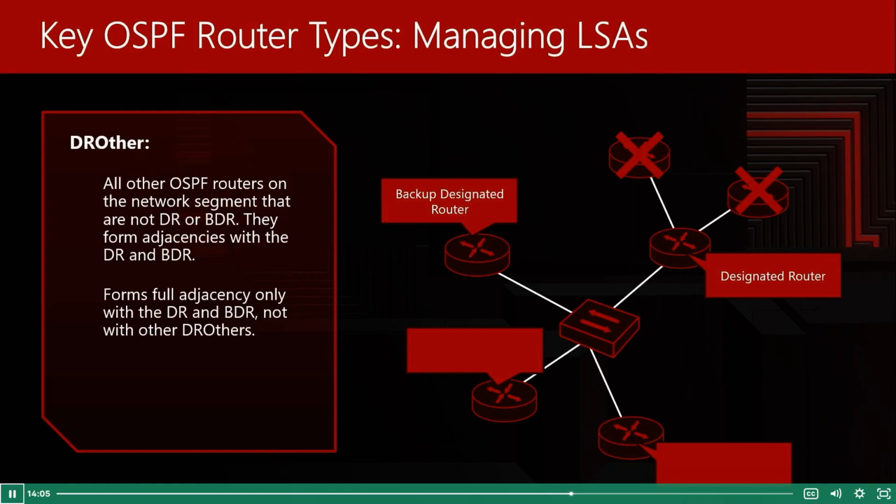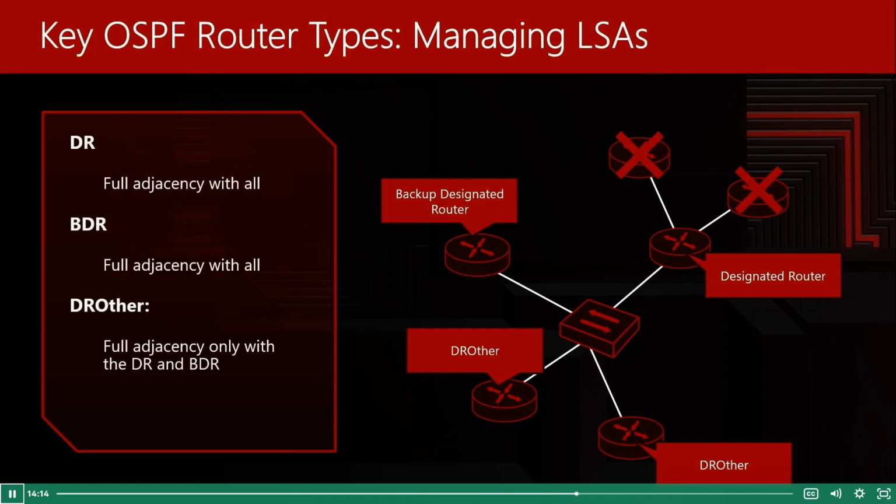And yes, like we mentioned before, the others are just going to be the remaining routers on that broadcast network. All routers will create full adjacency with the designated router and the backup designated router, and there's not going to be full adjacency between the remaining ones.